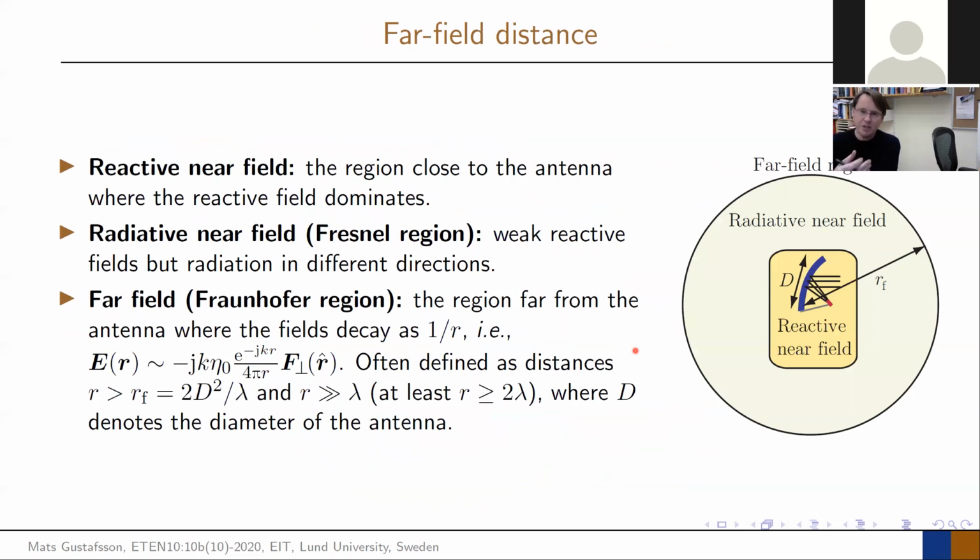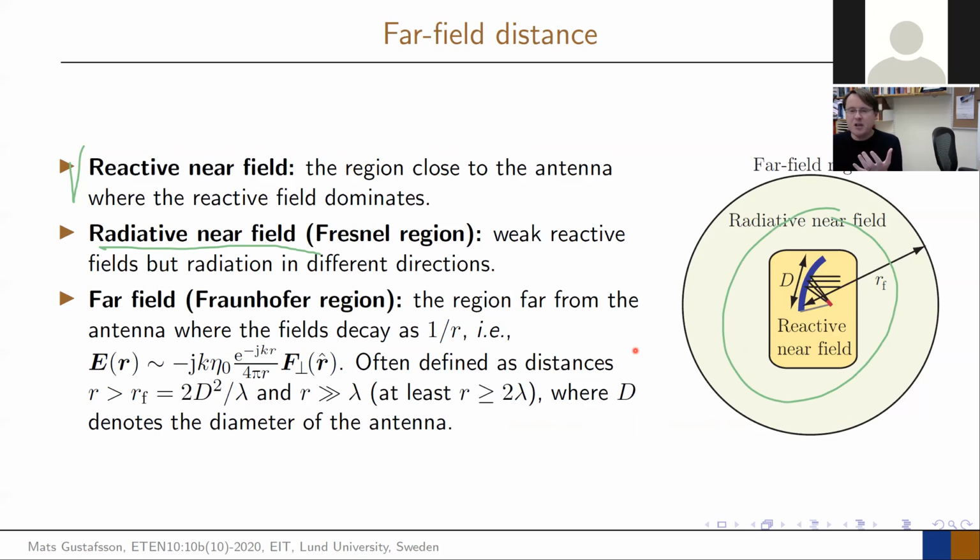So doing these divisions into these regions, we have the first one, which is the reactive near field, and that is this close to the antenna where the field is just pumping forward and back like this. And then you have a radiative near field. Then you are somewhere here. So you are far away from your antenna, so the field is not really going like this.